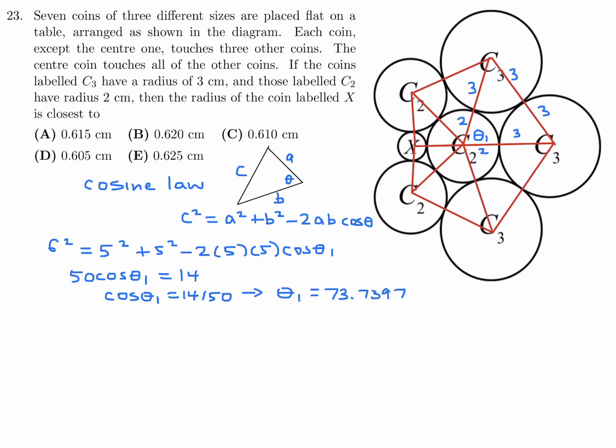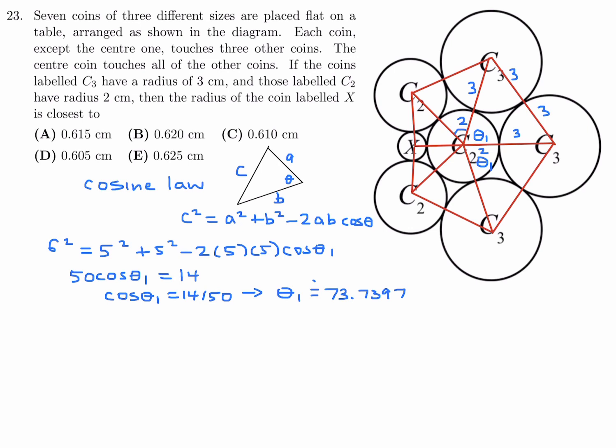I think going to 4 decimal places is good enough. All right, so that was pretty straightforward, in my opinion. So now we know that this is theta 1. This is also theta 1 because those are the same triangles in terms of dimensions.